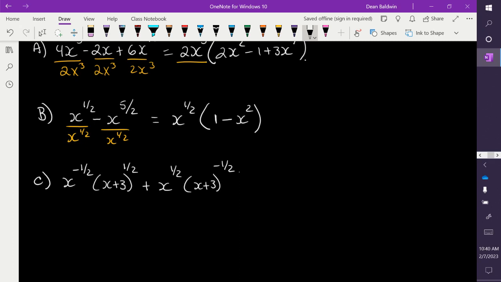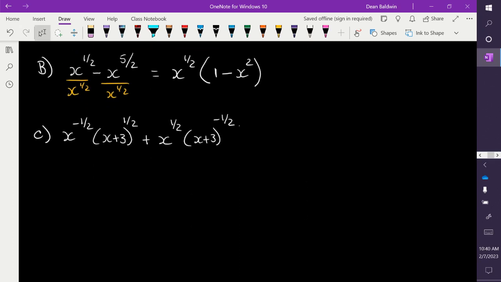Okay, there's a lot of stuff going on here. All right. Do we see two sort of things that we want to pull out? What are they? What variables or terms can we? Yeah, there's an x and an x plus 3.